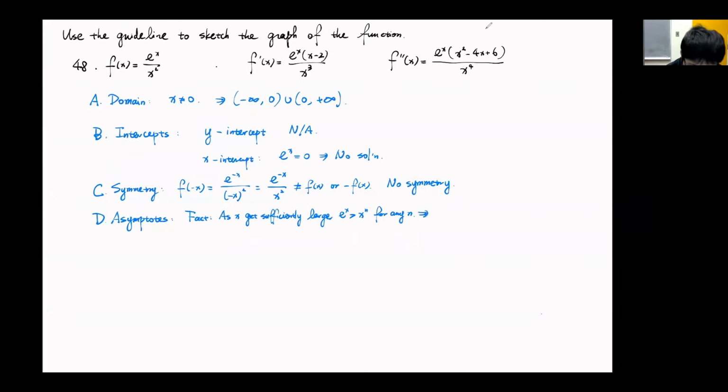Using this fact, I can get the following: as x gets large, e to the x will be larger than x cubed, so that e to the x divided by x squared will be larger than x, as x approaches infinity. So my function is larger than something that gets very large. This way I will be able to tell that the limit of e to the x divided by x squared as x approaches positive infinity is positive infinity.